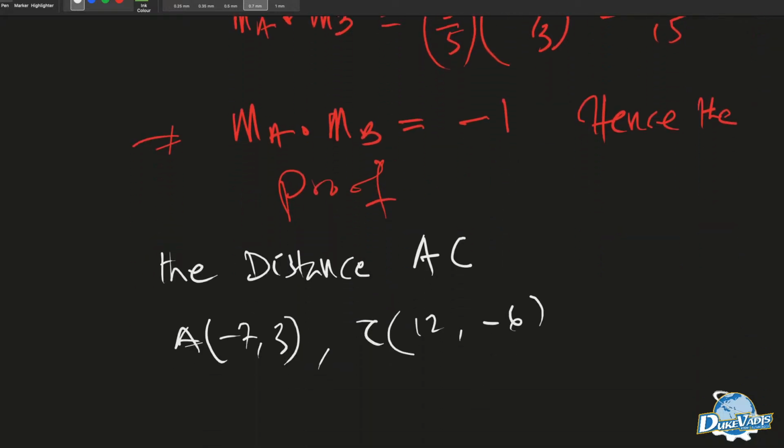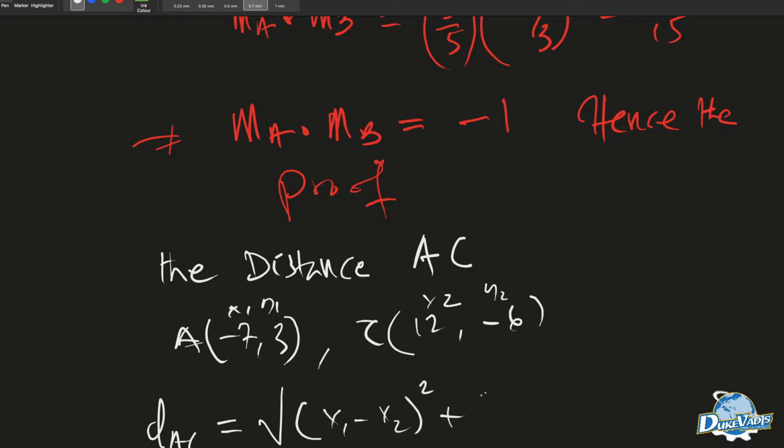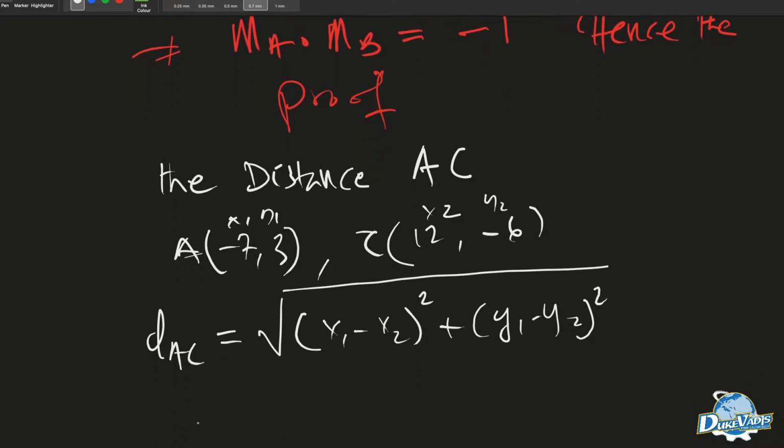So to find the distance AC, we are going to use the formula, with x1, y1, x2, y2. We say the square root of x1 minus x2 squared plus y1 minus y2 squared will give us the distance AC. So all we have to do is substitute into the equation.